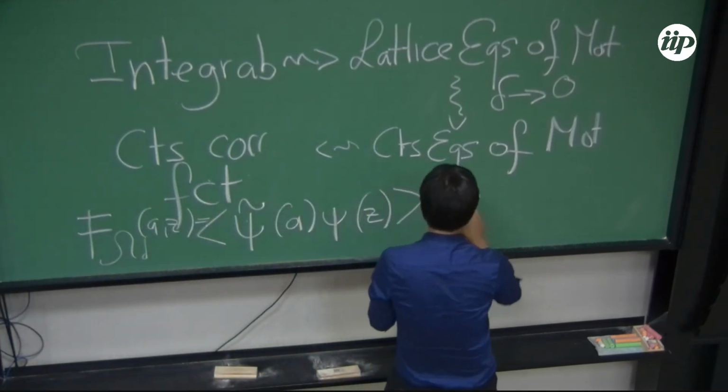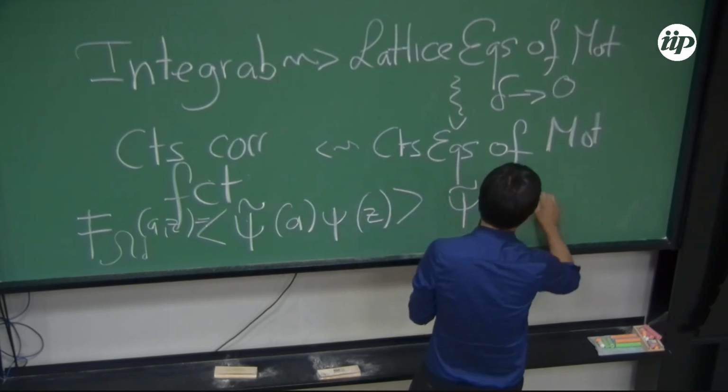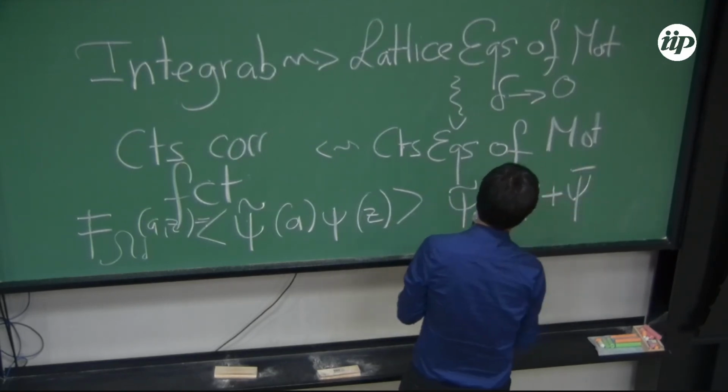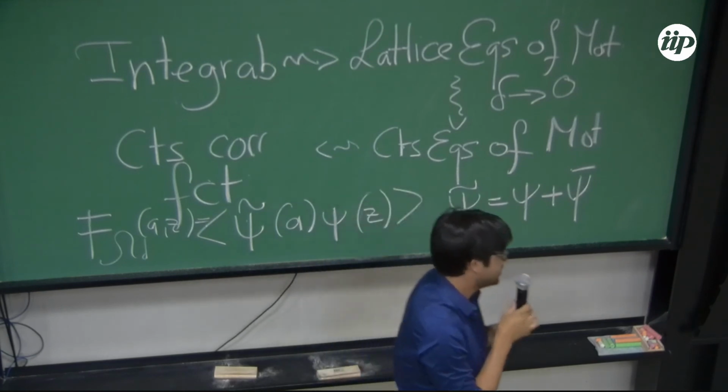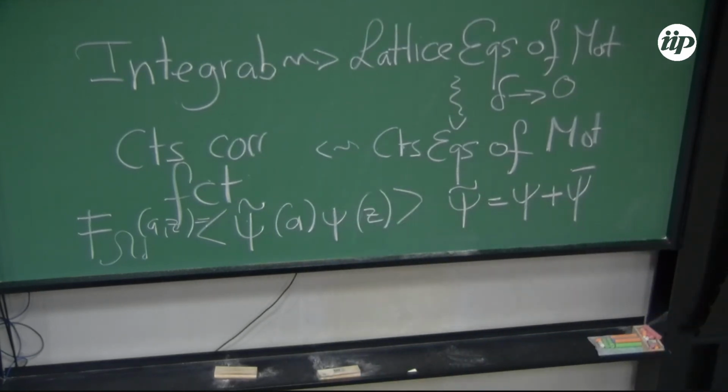Psi tilde is just the sum of the left and right moving fermions, if you know. So it's a fairly simple object. But thanks to the integrability of the model, this object satisfies something like lattice PDEs. So here's the definition in terms of this language. But again, I just want to give a feel of what's happening.